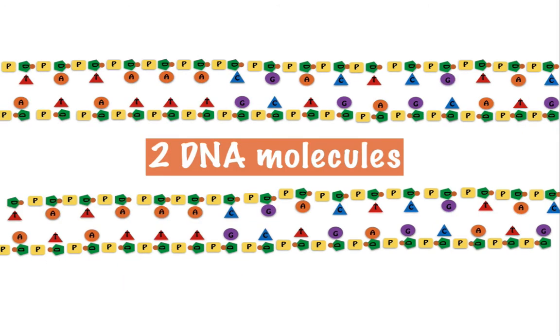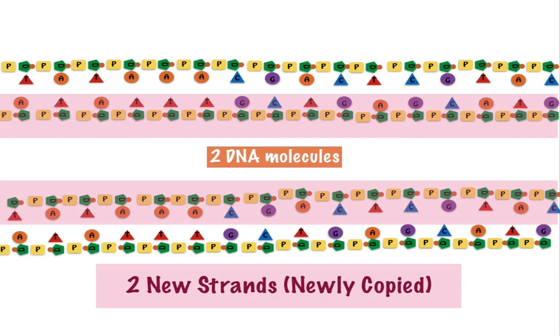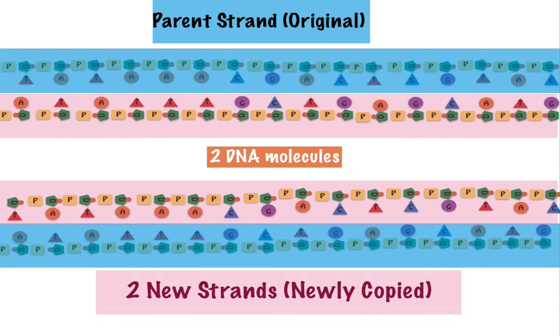Okay, so our end result is we have 2 double-stranded DNA molecules. Each double strand has a parent or an original strand, and then each also has a newly copied strand.